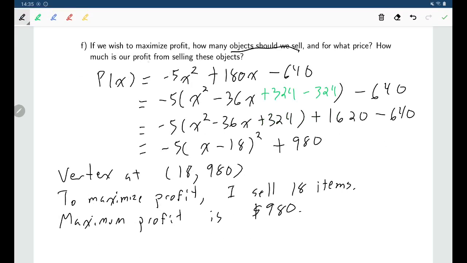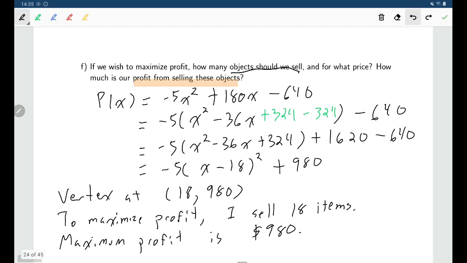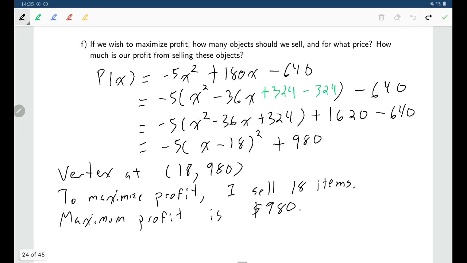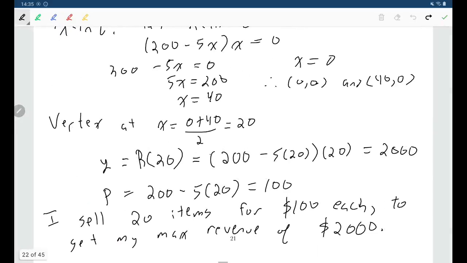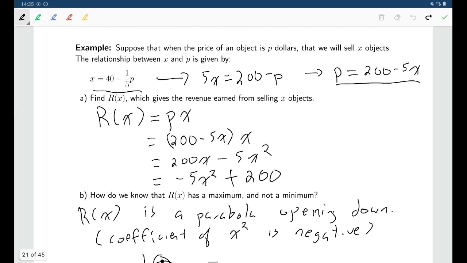And of course, the other part that we wanted to know, in addition to how many objects we should sell and what our profit is, was the price for selling these items. Just as before, the relationship between x and price is given by that same demand equation that we saw at the very beginning.